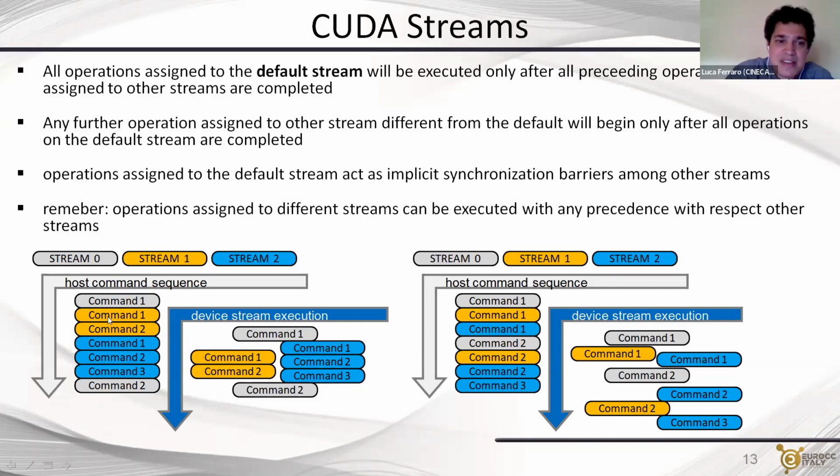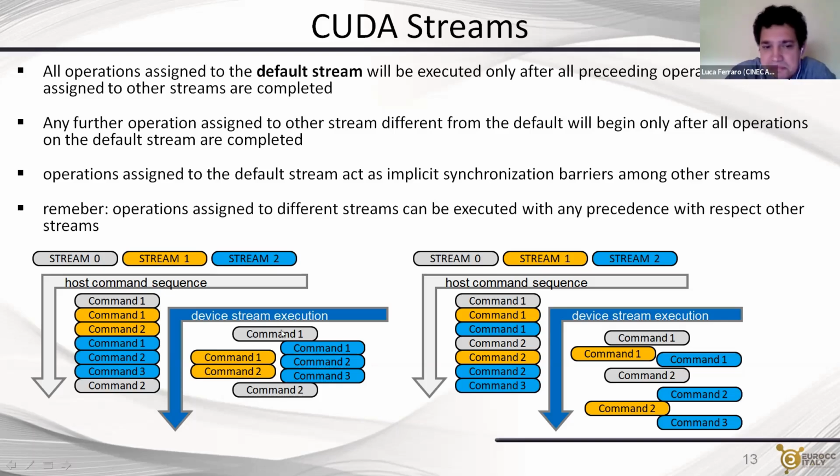Streams 1 and 2 can run with any precedence with respect to each other, but inside each stream, operations will be maintained in the order assigned.